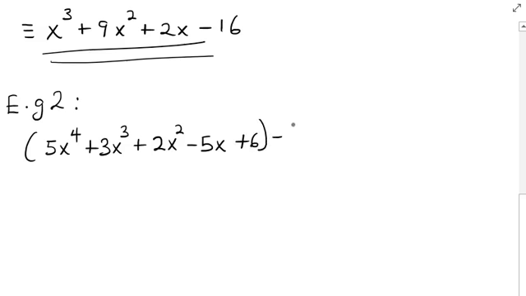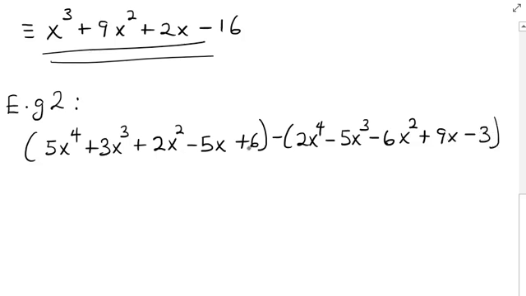We should subtract it from 2x raised to power 4 minus 5x cubed minus 6x squared plus 9x minus 3. So that's what they gave us.